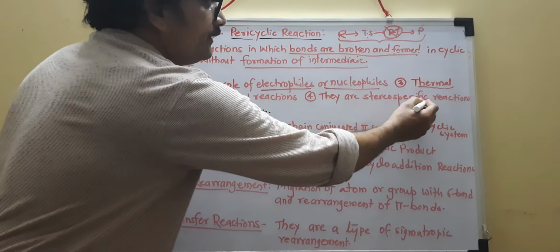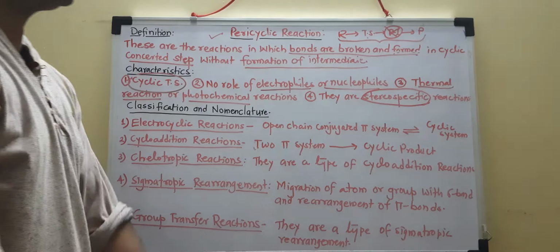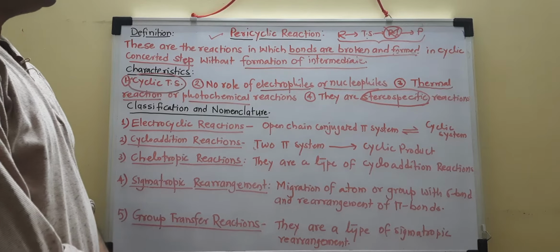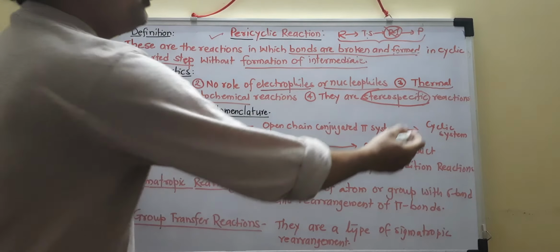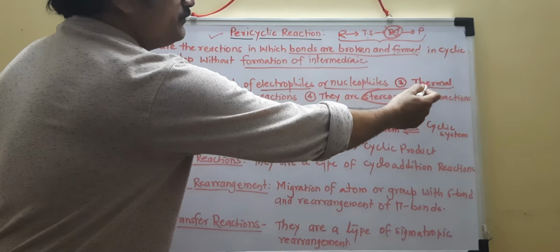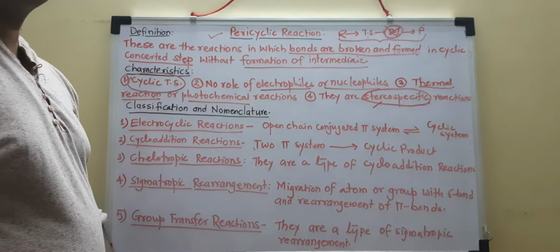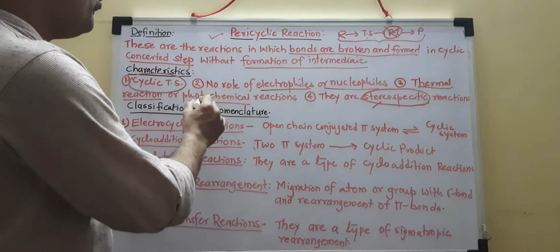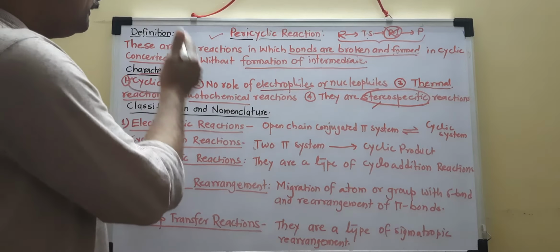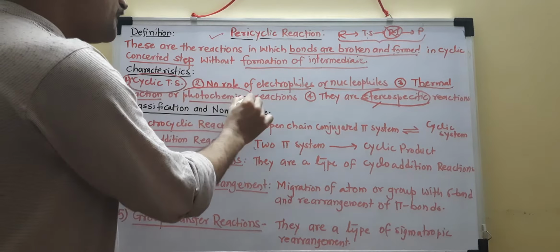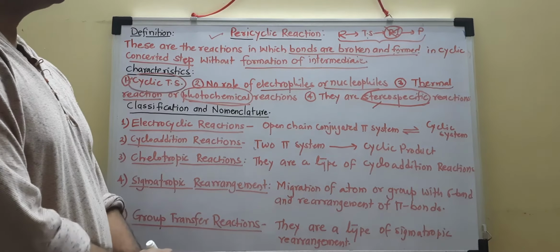They are highly stereospecific reactions. You remember that word, stereospecific. That means the stereochemistry of the product is fixed. If you are performing the reaction in presence of heat, you will get one stereoisomer. And if you are performing the same reaction with the same starting material in presence of light, you will get another stereoisomer.